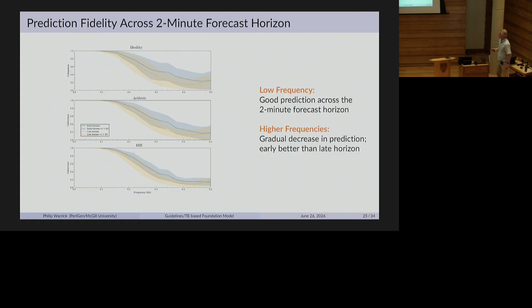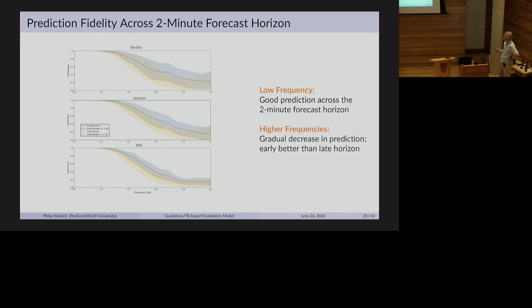Finally, what was the fidelity of the predictions? We looked at the low frequency and the high frequency fidelity. The low frequency was, as you might expect, very good from what you saw on the previous slide.